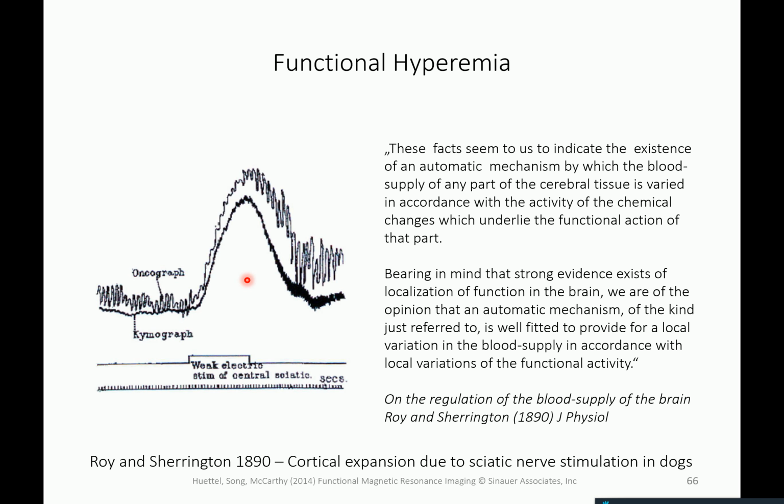But this also means that this idea of brain mapping, so identifying areas of the brain that serve a certain cognitive function, or in this case, basically representing peripheral nerve activity, by means of local activations in blood supply has been around for a long time.